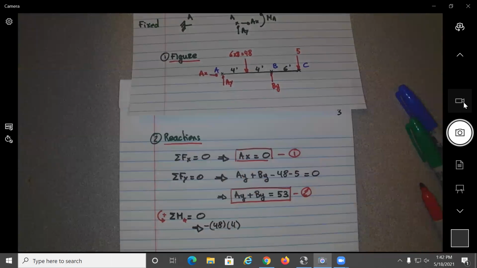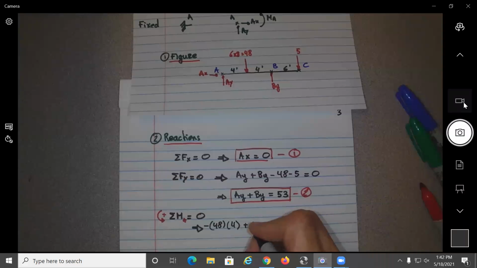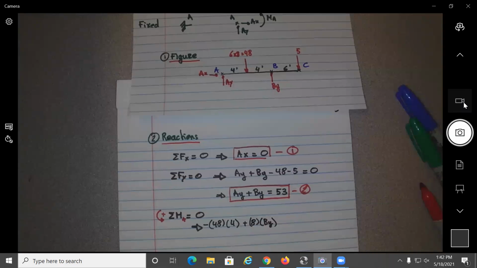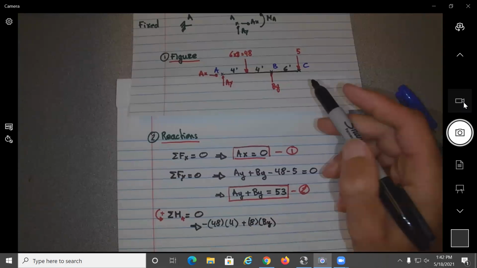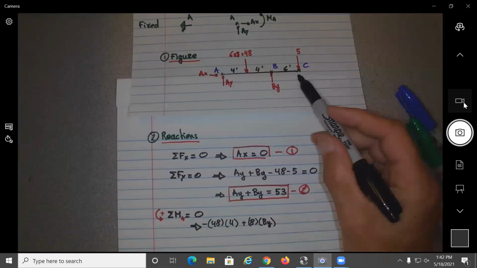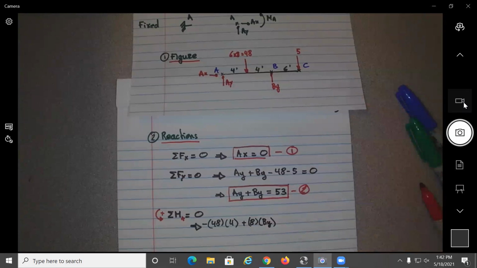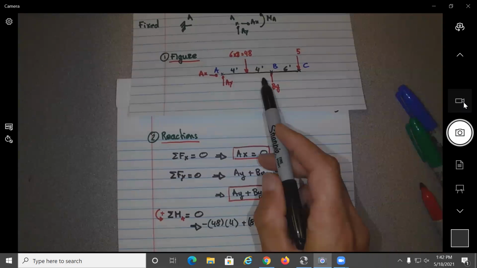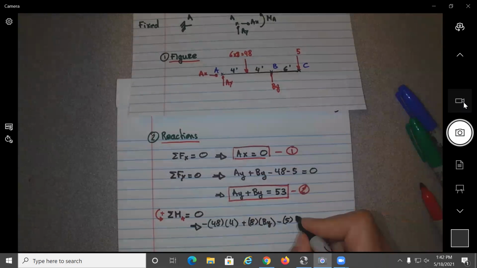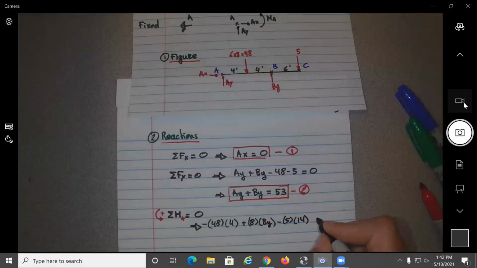So that one will be positive, so plus 8 B_y. And then with the 5, that will be what? Going clockwise, so that will be negative, minus 5 times what will be the distance? 6 plus 4, 10 plus 4, 14. Equal to 0.